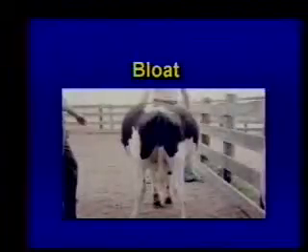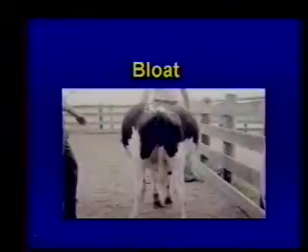Bloat, ruminal distension. This is quite a severe form. Of course, the rumen is on the left side, but it's so severe that it has also extended and affected even the abomasum, which is on the right side.